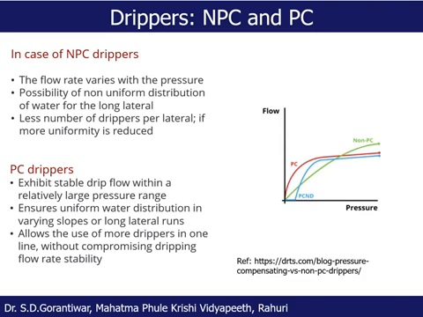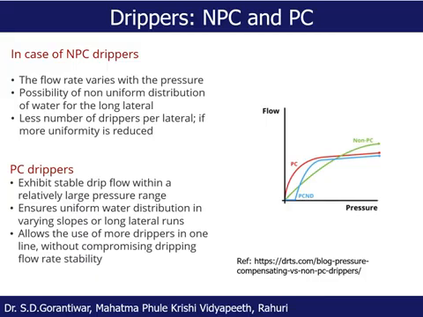So this happens along the lateral. Okay, so if we take any lateral, at the head of the lateral there will be more pressure, and if we go towards the tail of the lateral, then as water reaches the tail of the lateral, it has to overcome the head loss due to friction which is offered by the inner surface of the lateral.